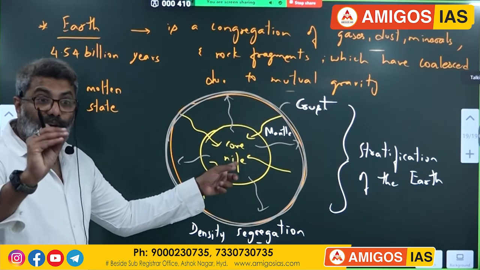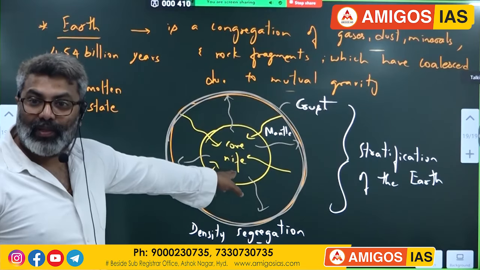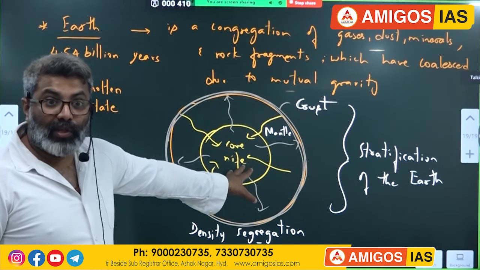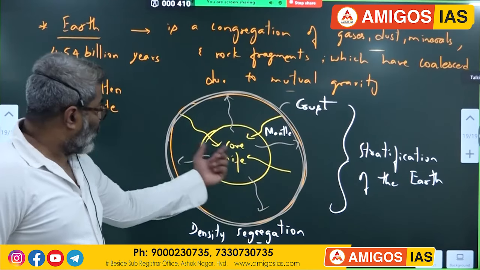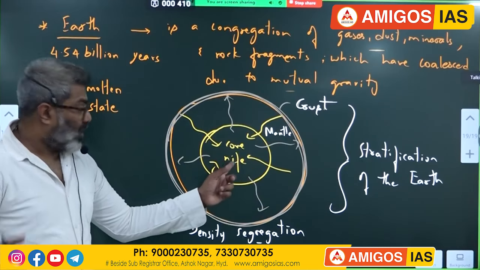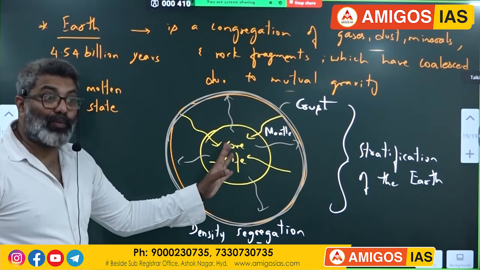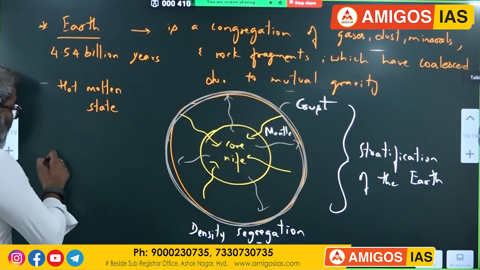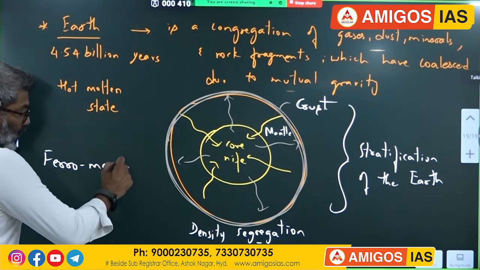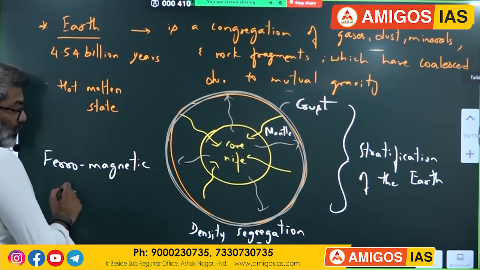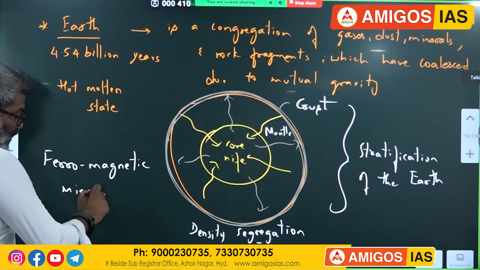So this nickel and iron are ferromagnetic minerals. Inside Earth, there are certain minerals which are natural magnets. They naturally behave like magnets. So cobalt, lodestone, nickel, iron, these are all ferromagnetic minerals. Ferromagnetic minerals are those minerals which naturally behave like magnets.